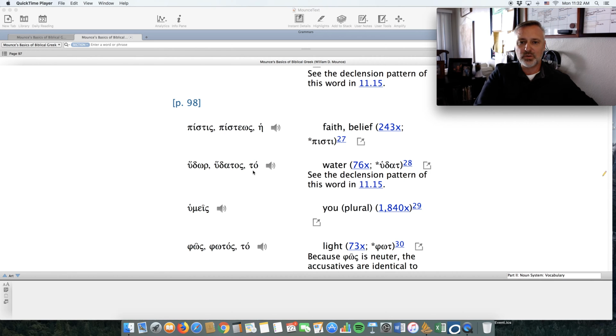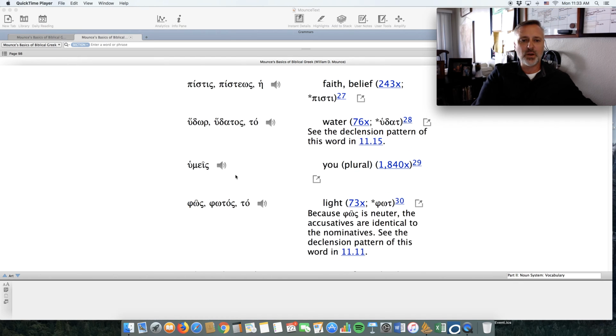So you can see the third declension pattern of this word in 11.15. And it's the same pattern as patēr. So hudōr, hudatos, hudati, hudōr, hudata, hudatōn, hudasi, hudata. And hudat is so fun to say. So hudat, hudata. Okay, there we go.